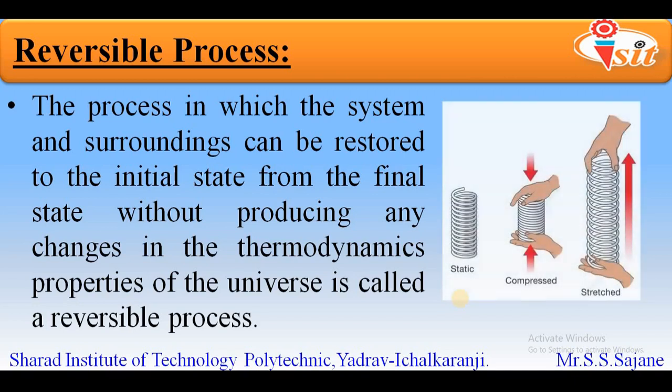In simple words, if we assume that a system is changing from state 1 to state 2 and again returning back from state 2 to state 1, such that both the system and the surroundings return to their original condition without affecting the universe, then we can say that the process is a reversible process.